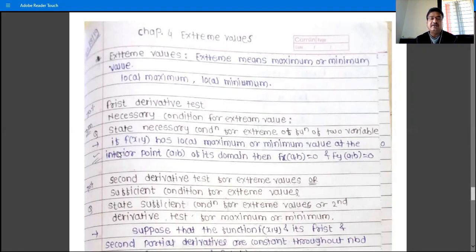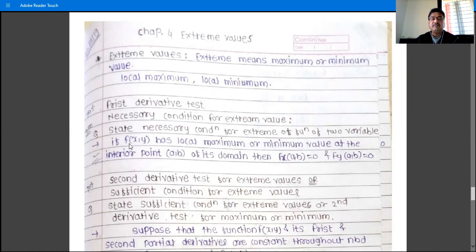then f_x(a,b) is equal to 0 and f_y(a,b) is equal to 0. So what is the necessary condition? If f(x,y) is either maximum or minimum at the point (a,b), then f_x(a,b) is equal to 0 and f_y(a,b) is equal to 0, that is, first order partial derivatives at the point (a,b) are 0. So this is the necessary condition for extreme value, or maximum minimum value.